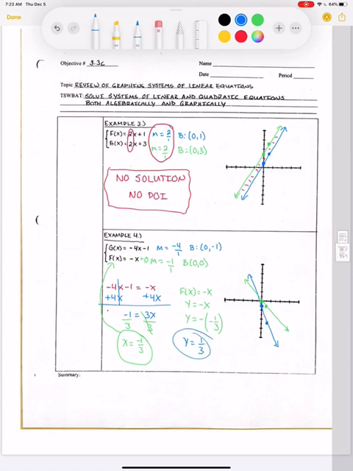And this would get me the point of intersection of negative 1/3, comma, positive 1/3. So you won't always be able to tell graphically what your point of intersection is, but if that does happen, you can always solve it algebraically. And that is how you graph systems of linear equations.